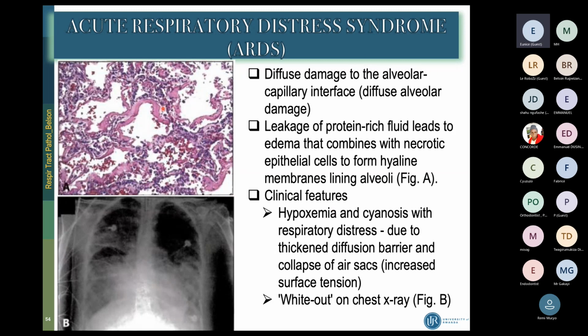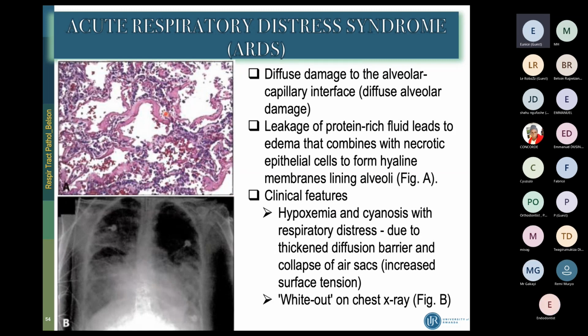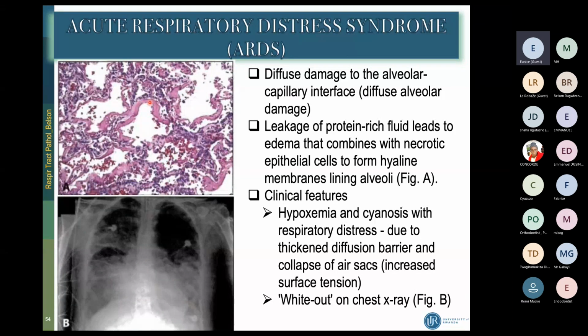So you see reddish membrane, pink membranes here. And you understand that if there are these membranes in the alveoli, the gas exchange will not take place as it should. So X-ray will be difficult, of course, to interpret, but it is what's called white out on chest X-ray because there are areas which are opaque.